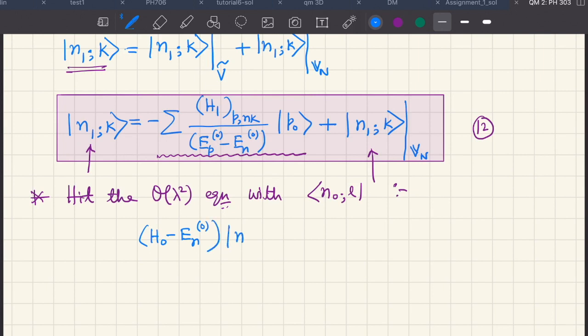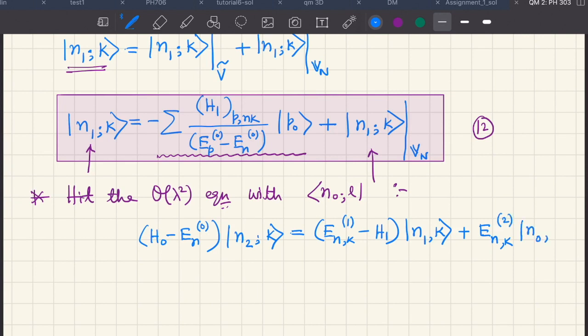This unperturbed thing always is acted on the highest order, and then the first order correction comes like E_n^(k,1) minus the perturbation matrix and the first order corrected state. Both of them are order lambda, so that is why this is a lambda square equation. And then of course the second order correction to energy E_n^(k,2), and this must act on the 0th order or the unperturbed state. So that's very easy.